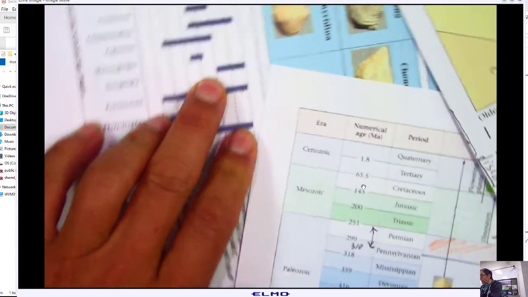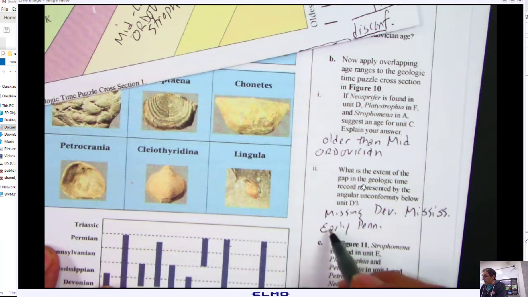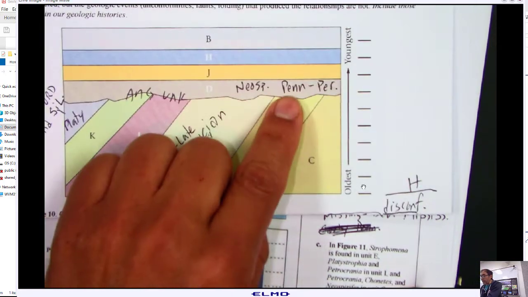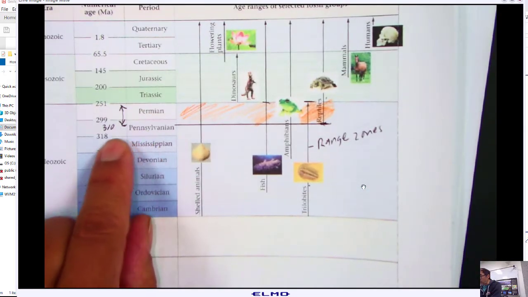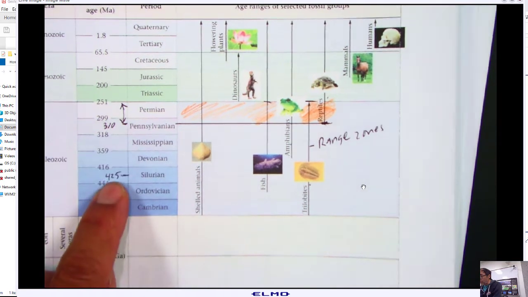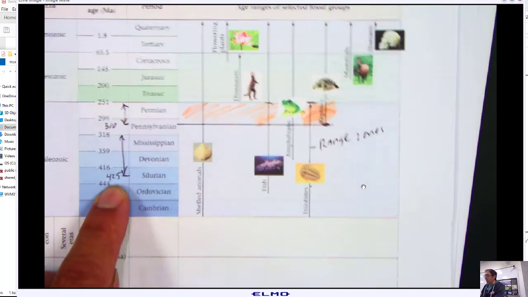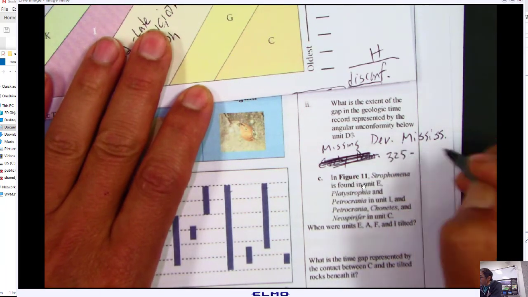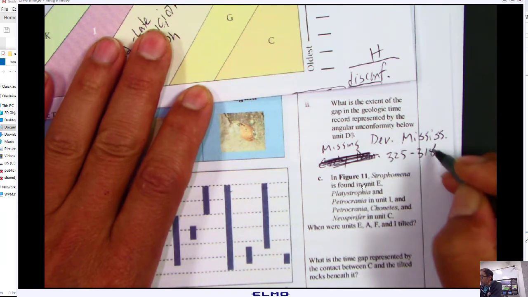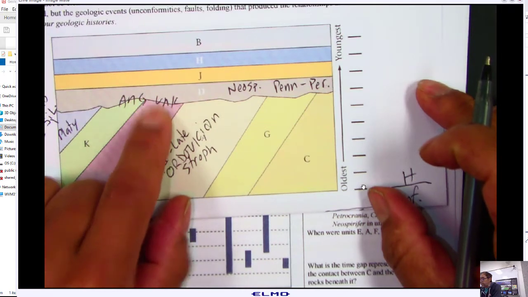On what I just answered over here, we wouldn't have the Pennsylvanian there, right? Because this starts at Pennsylvanian there. And so on our time scale over here, we're going right to 318. So the age would go from 425 to 318. So that would be the gap that would be missing there. That's the time gap we're seeing at that angular unconformity right there.